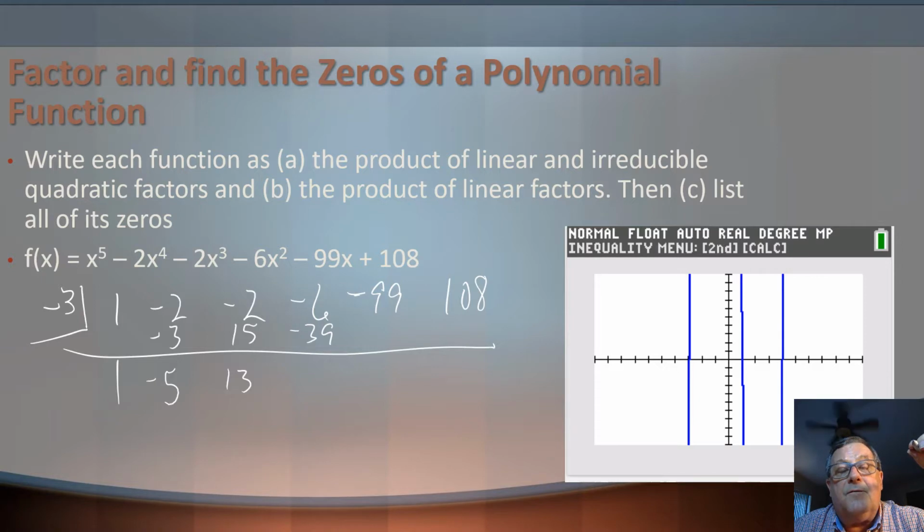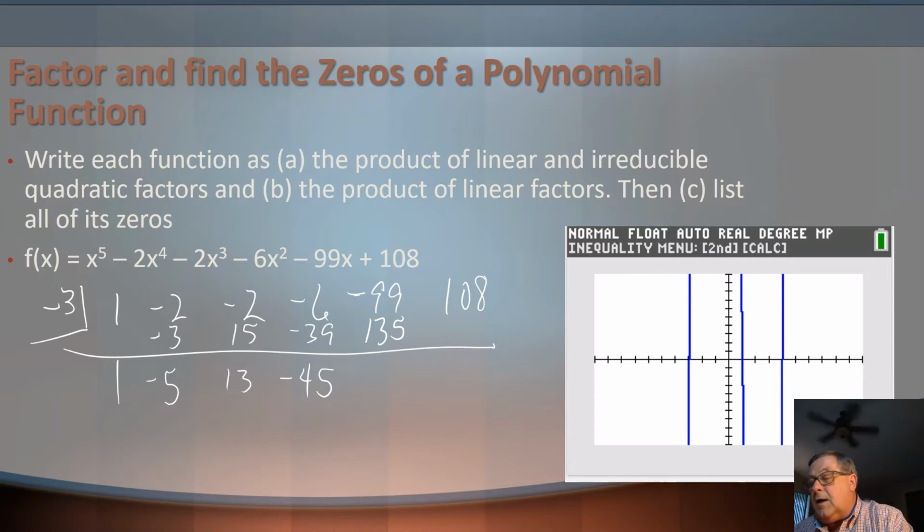-6 -39 is -45. Let's see. I think -3 times -45 is 135, but I might better make sure, not rely on my head. -3 times -45, yes, 135.